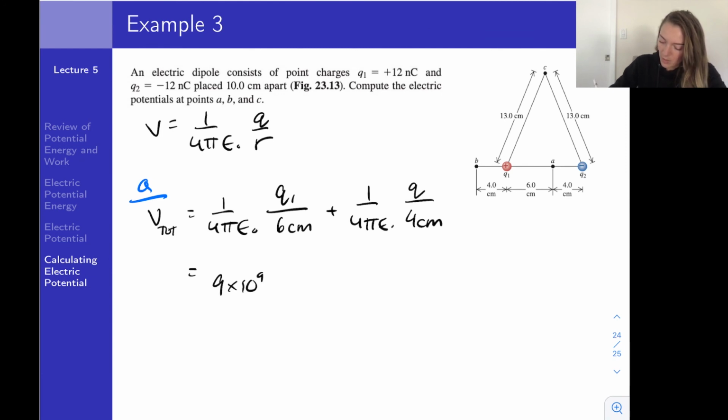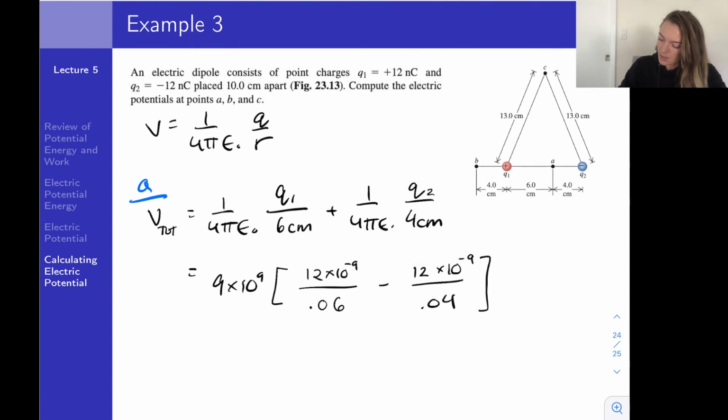I'll factor out my 1 over 4 pi epsilon naught. Q1 we said was 12 nanocoulombs, and then we have 6 centimeters. Q2 was negative 12, so that will be a minus 12 nanocoulombs, and that was 4 centimeters.